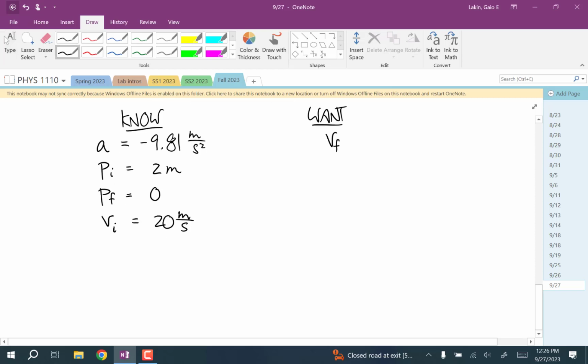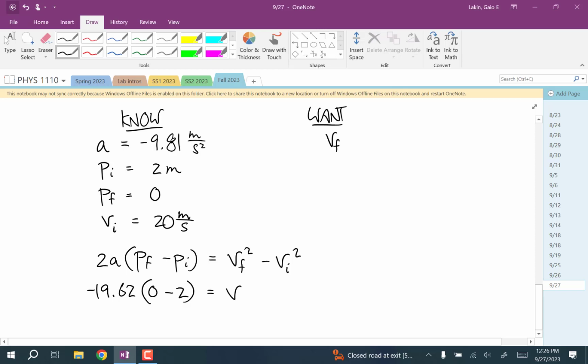And you can use the same equation again, 2a times the quantity PF minus PI is equal to VF squared minus VI squared. So we have negative 19.62 times the quantity 0 minus 2 is equal to VF squared minus 20 squared.